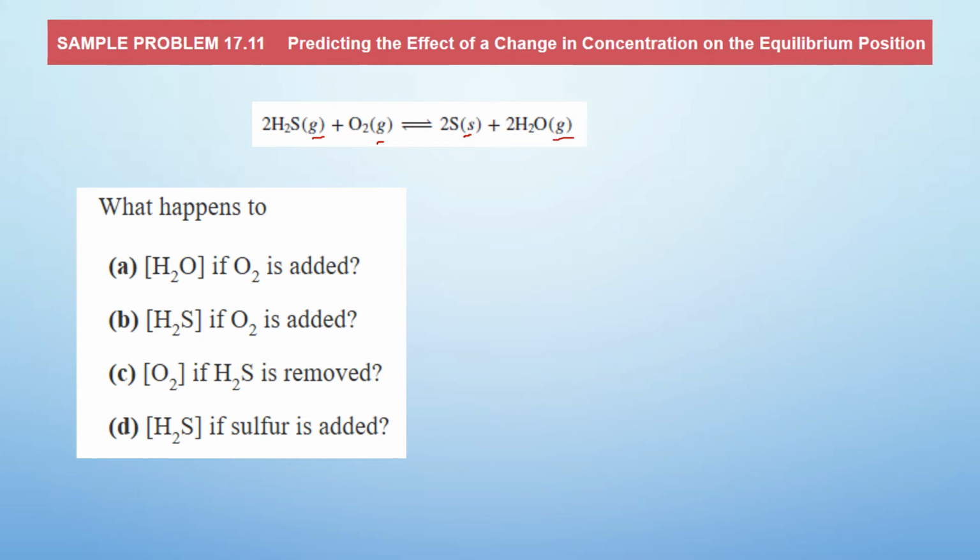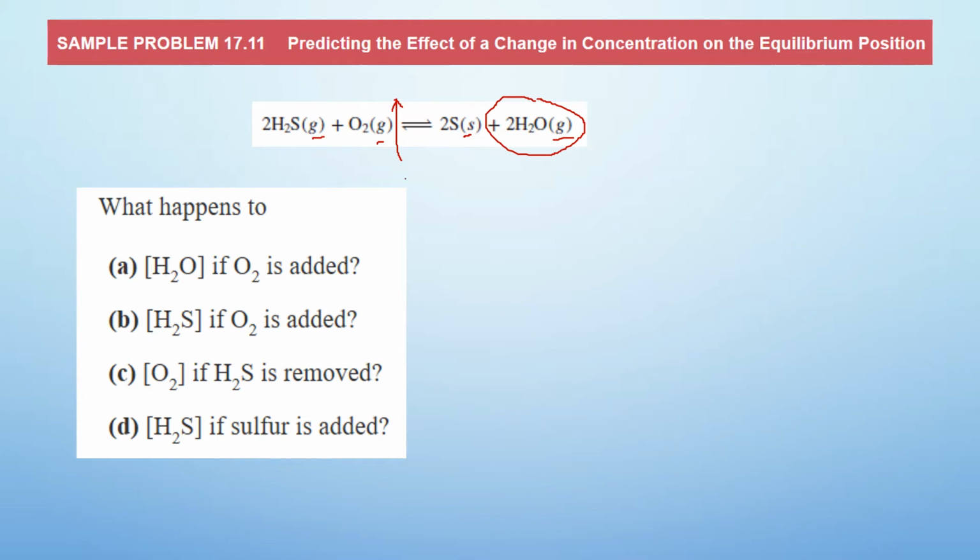It asks us what happens to the concentration of water if oxygen is added. Based on what we learned in the previous slide, if we increase the amount of oxygen, the net reaction will go against it, so the net reaction will consume this oxygen.